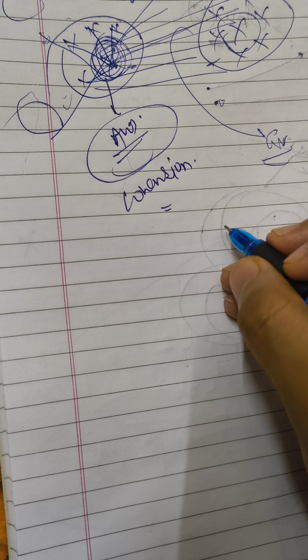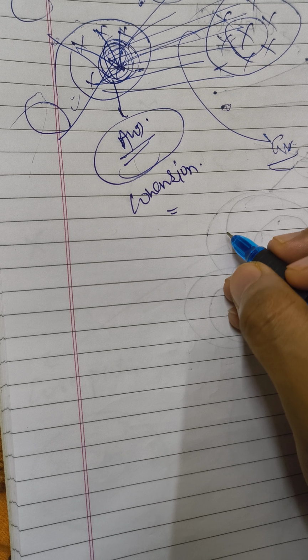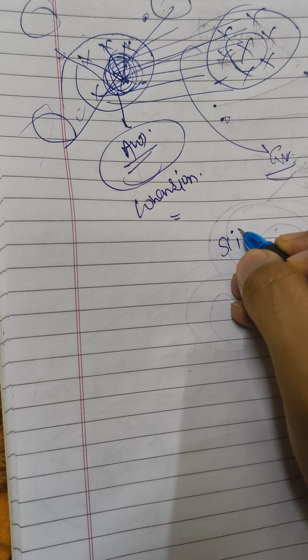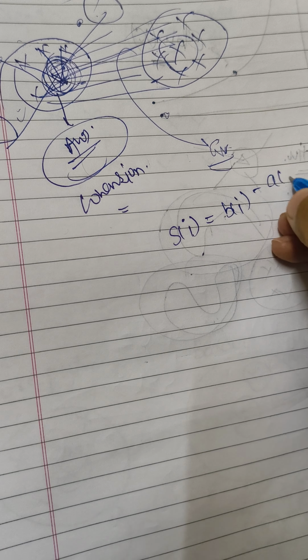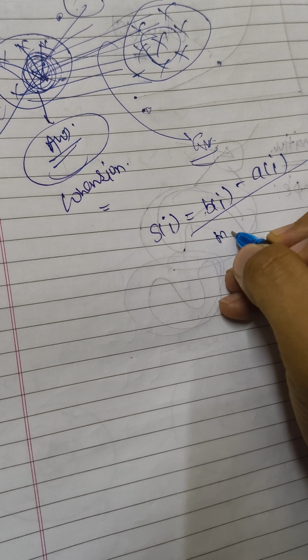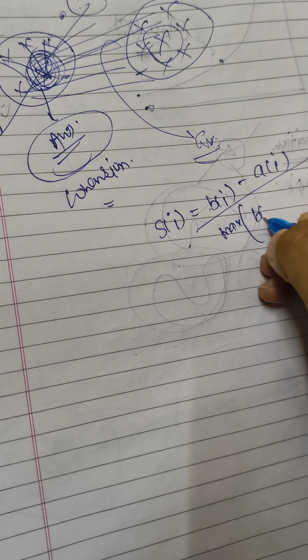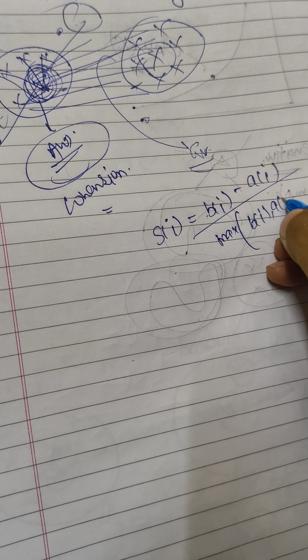Now we can calculate the Silhouette score. The Silhouette score is equal to b of i minus a of i upon maximum of b of i comma a of i.